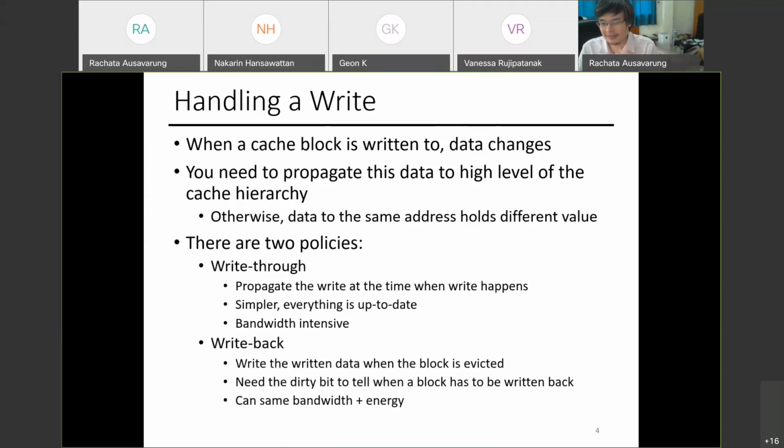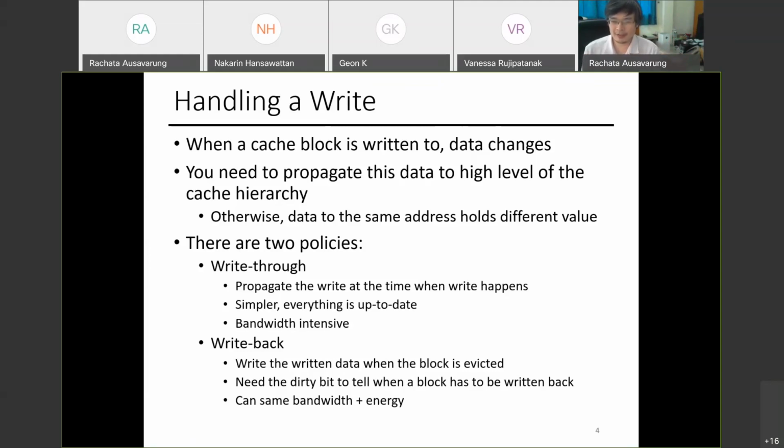Write back means that you are not going to update this data until someone evicts the cache block. That's okay too. If someone evicts the cache block and no one needs to use that data in the meantime, you can update the data later. The additional policy involved, what if someone else needs to read that data?